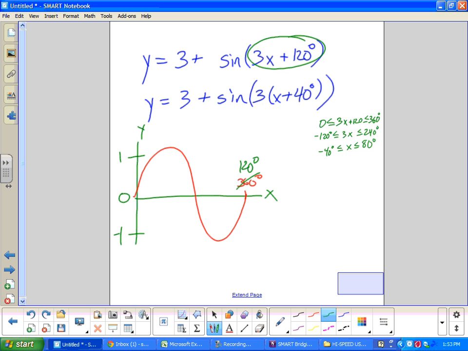The next thing I do is I deal with the shift. Plus 40 is 40 to the left. So I was at 0 and 120. Shifted it left puts me, and I'll do it in red again, negative 40 and 80. And guys, you know if that matches right there. Right? You have to make a decision when you practice which way it goes. All right.